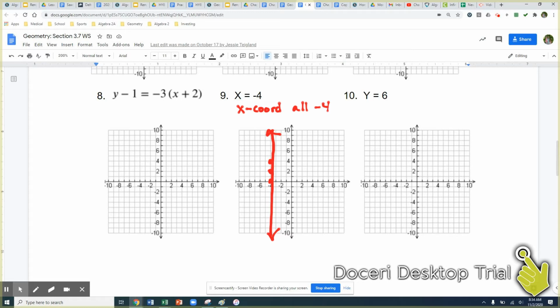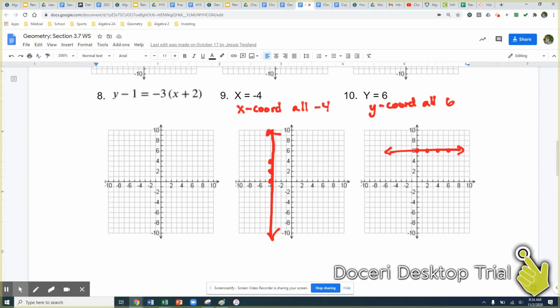Y equals 6, same idea. If you just have a single equation, y coordinates are all going to equal 6. So we go to where y is 6: 0, 6, 2, 6, 4, 6, 6, 6. There's where we're going to see all of our y coordinates are going to be equal to 6. We get a horizontal line.